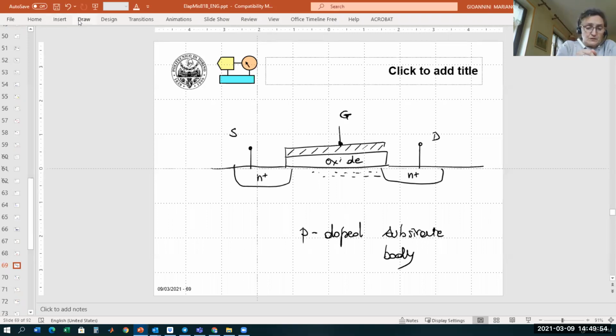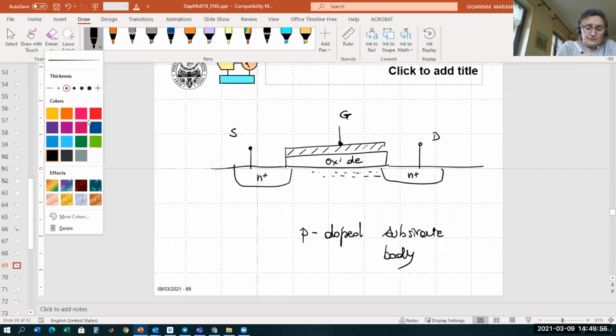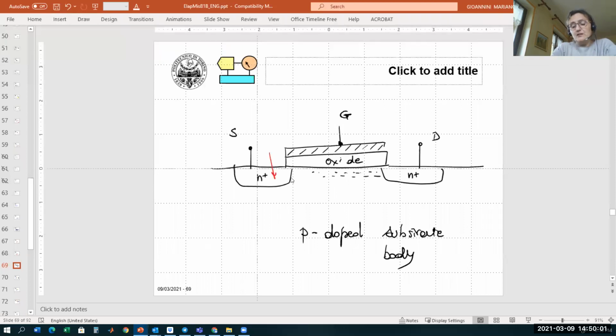But as you can see here in this figure, we have also here the N side. The N plus side means that there you have electrons as majority carriers. So here you have an accumulation of electrons that overlaps in this narrow region under the oxide.